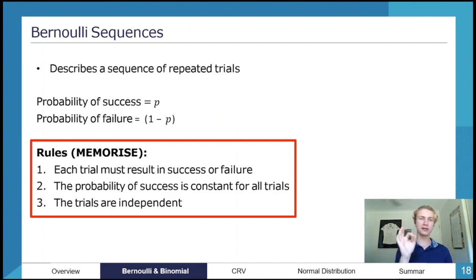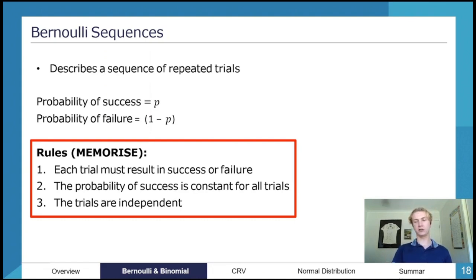Bernoulli sequences, number 3 on what we are going to talk about today. Bernoulli sequences describe a sequence of repeated trials. One thing to note is Bernoulli sequences are always success and failure.